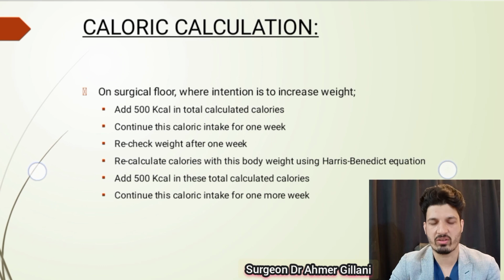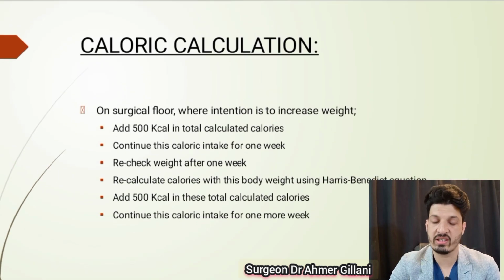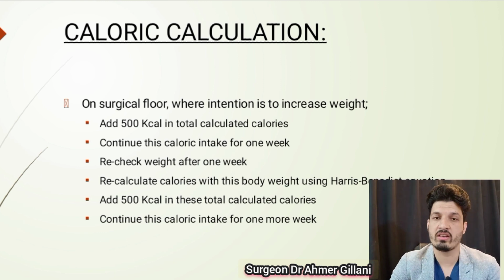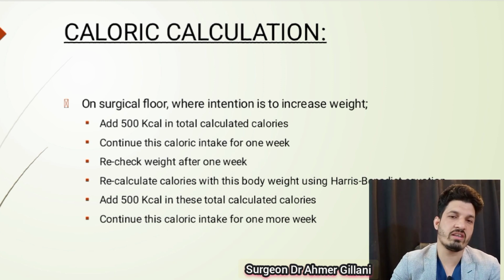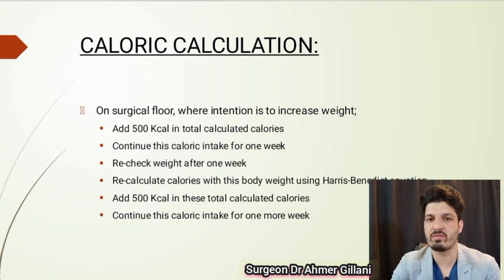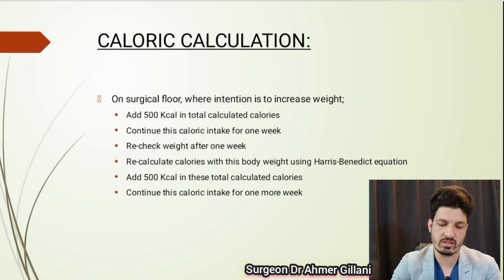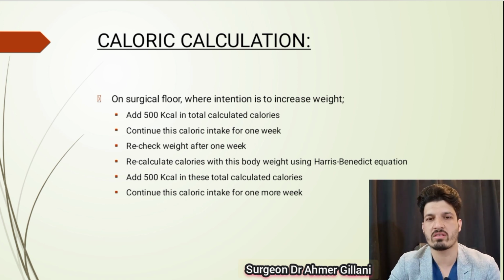So again, caloric requirement on the surgical floor, where the intention is to increase the weight. Definitely the patient will be underweight. And you have calculated the total basal energy expenditure, as we have shown in this slide. When you find the results by this equation, you will add at least 500 kilocalories to the total calories calculated, because our intention is to increase the weight, not just maintenance.